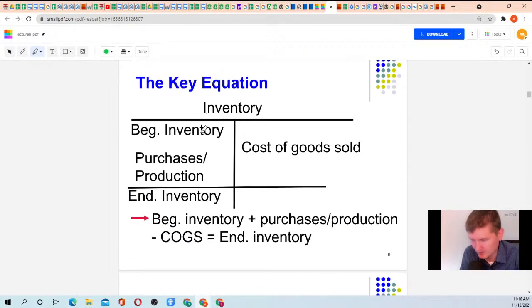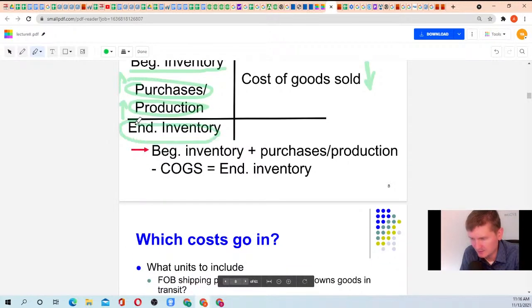So here it is. We have beginning inventory, we have purchases, we have production. So that's debit. Our inventory increased by purchases and by production, and our inventory decreased by cost of goods sold. And at the end we have ending inventory.